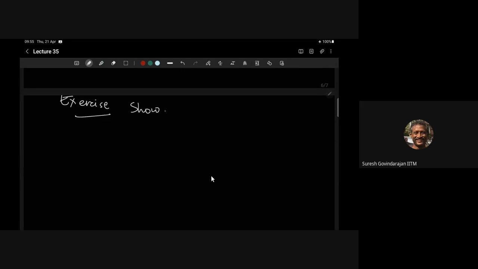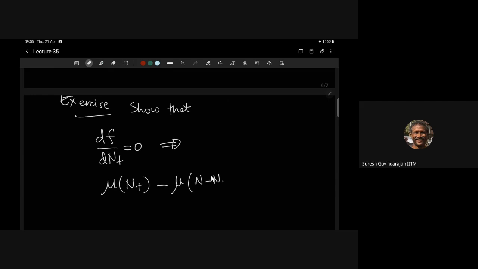Show that df by dn plus equal to 0 implies the following: mu of n plus minus mu of n minus n plus equals 2 mu tilde b.